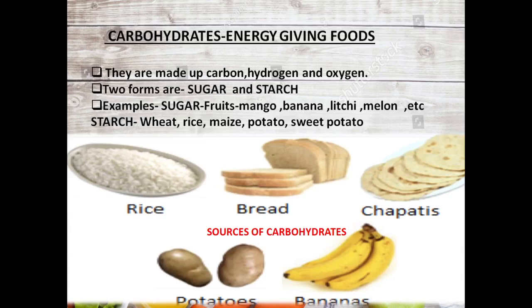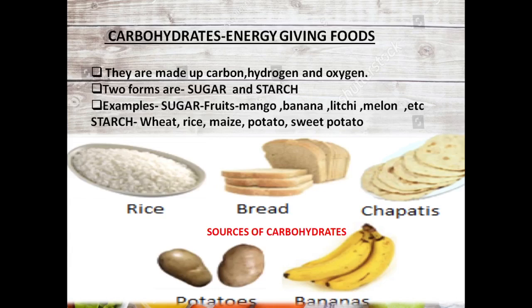Clear? Here again the examples are given. Fruits which are rich in sugar, like mango, banana, lychee, melon, etc. And the food items which are rich in starch are wheat, rice, maize, potato and sweet potato. The question may come to mind, what do you mean by starch?